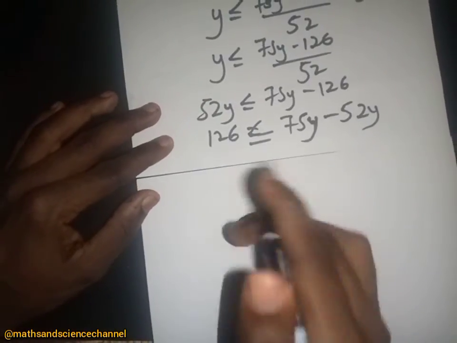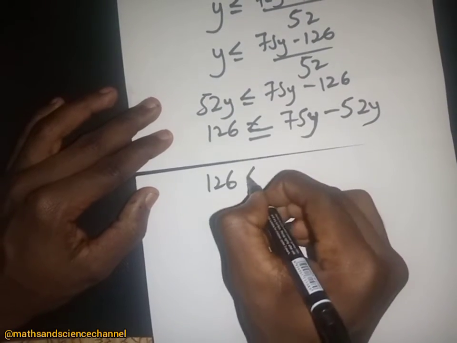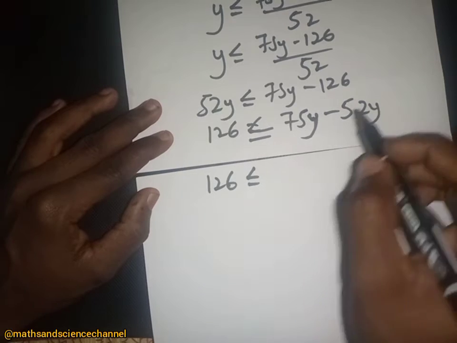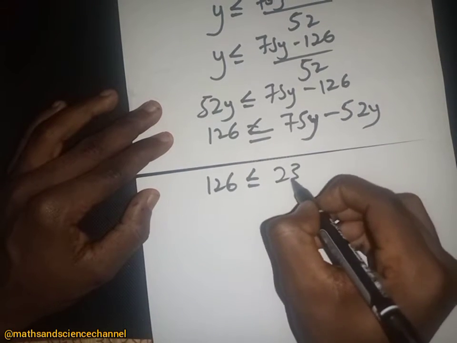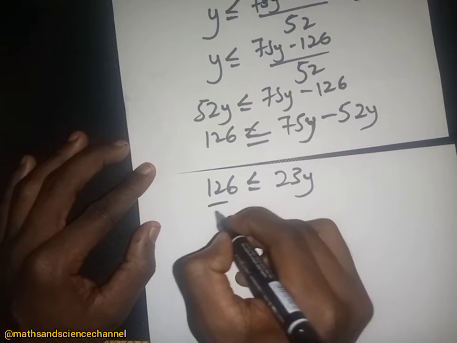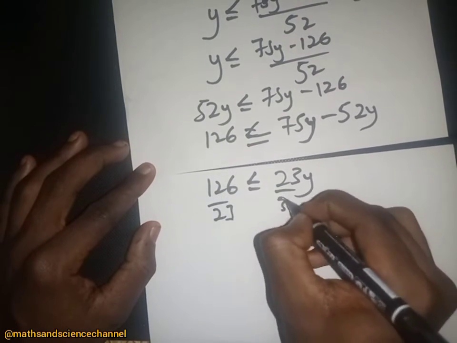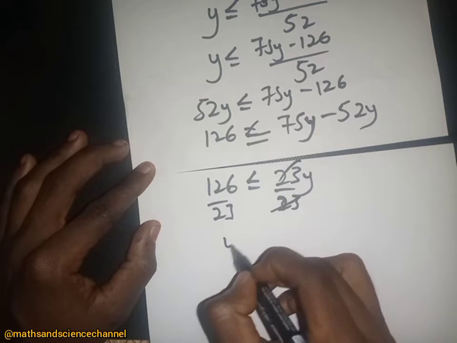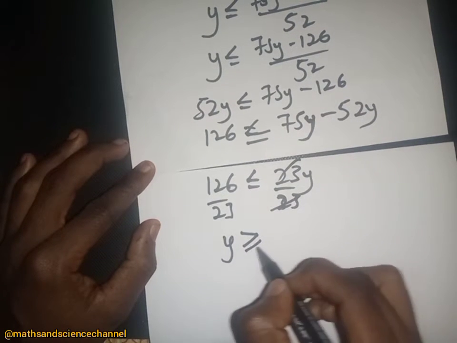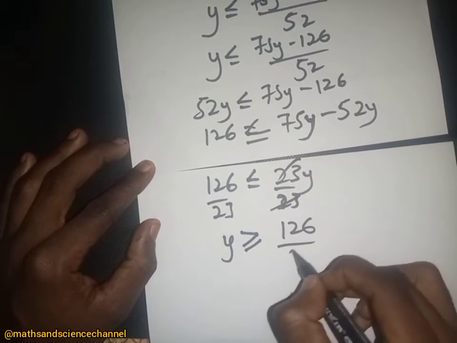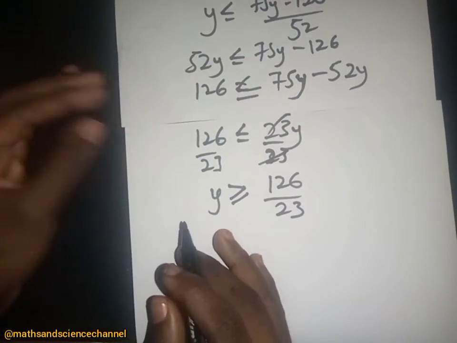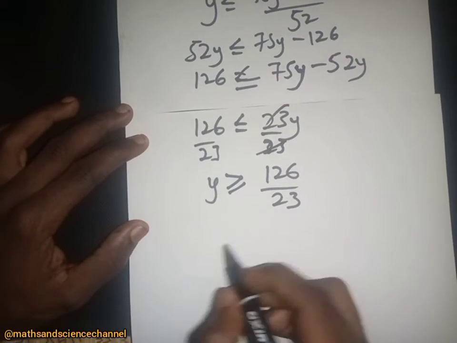So we have 126 less than or equal to 23y, then we just divide by 23, so y will be greater than or equal to 126 divided by 23. So that's for the left hand side.